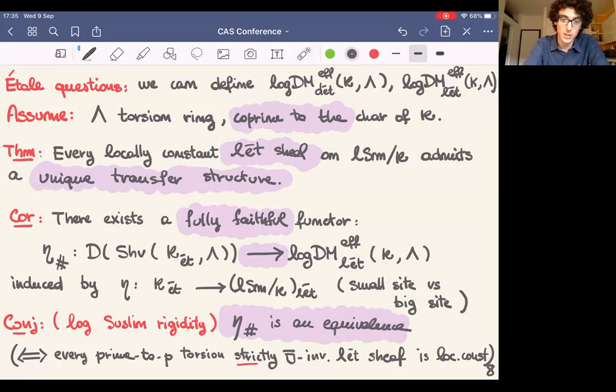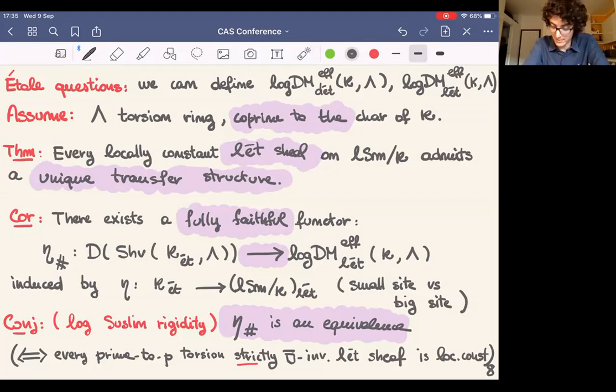Well, essentially because we are working with torsion coefficients prime to the characteristic, we don't think that there are known A1-invariant phenomena that we can capture with logDM. So in a way, we don't expect logDM to be different from actual DM in the étale setting with torsion coefficients prime to the characteristic of K.